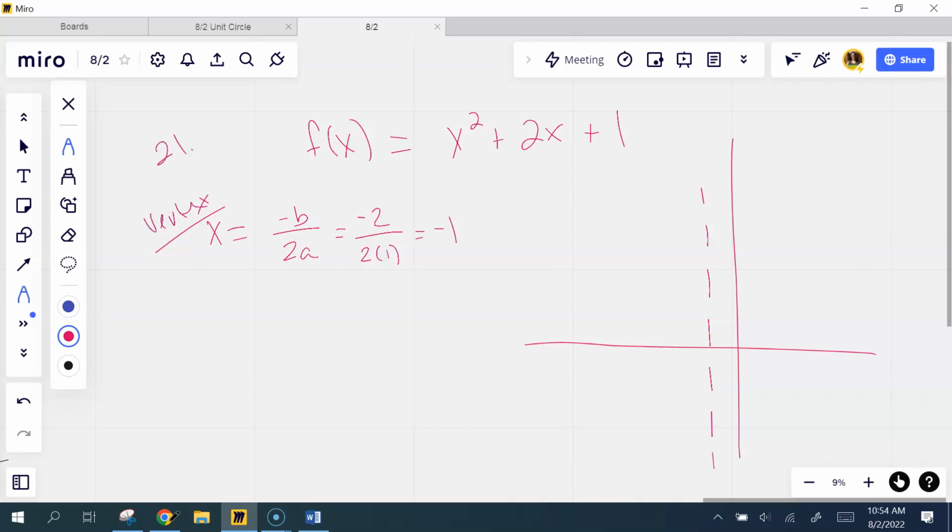That's exactly right. I need the corresponding y value, and to get that, I'm going to plug into my equation. So I'm going to find f of negative 1, or plug in negative 1 for x, which is the same. Be very careful if you're using a calculator here, because I'm plugging in a negative value, right?